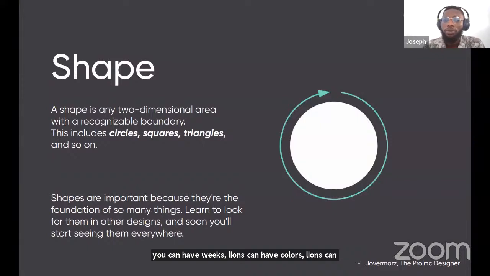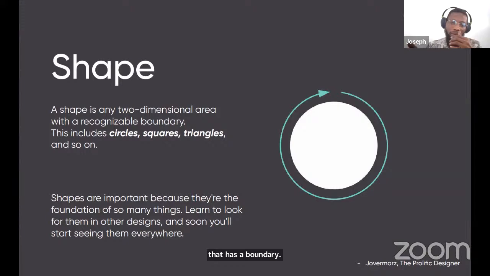Then we moved into shape, which I said is majorly any two-dimensional area that has a boundary. A boundary means nothing can go out or nothing can come in, as you can see here.